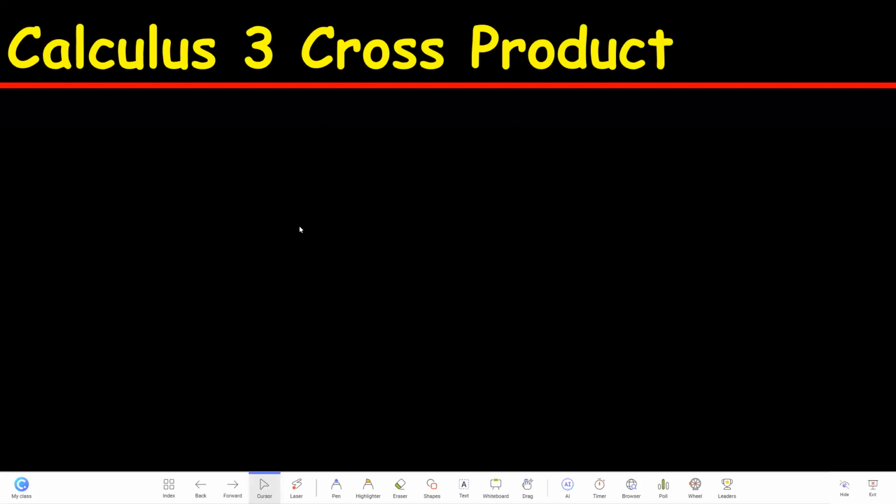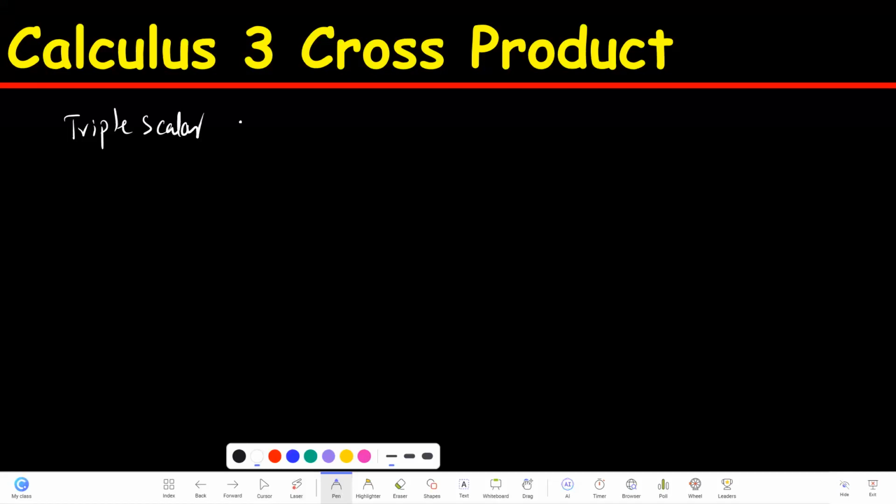Let's take a look at another problem. First thing first, we need to talk about the last thing in cross products, and that's what you call the triple scalar product. What exactly is the triple scalar product? It sounds fancy, but it's not.